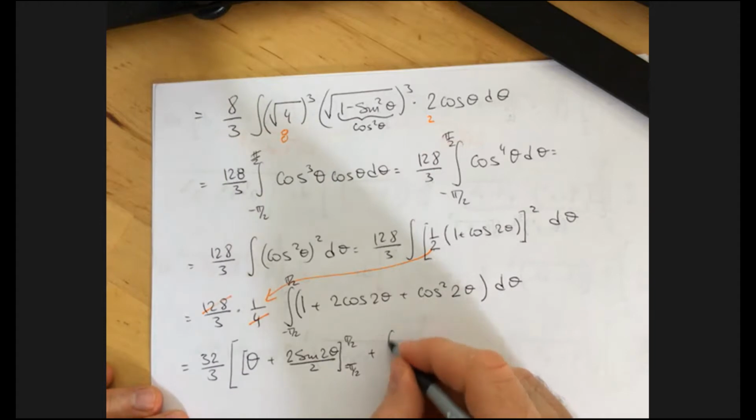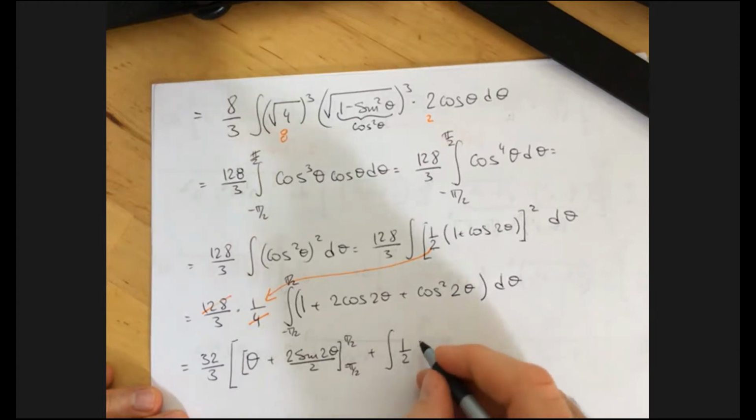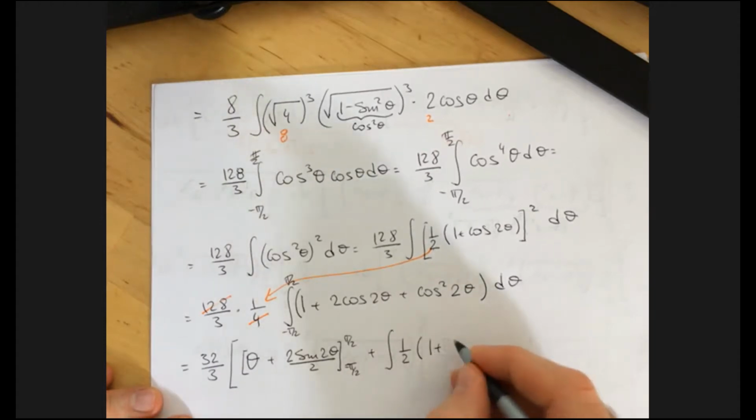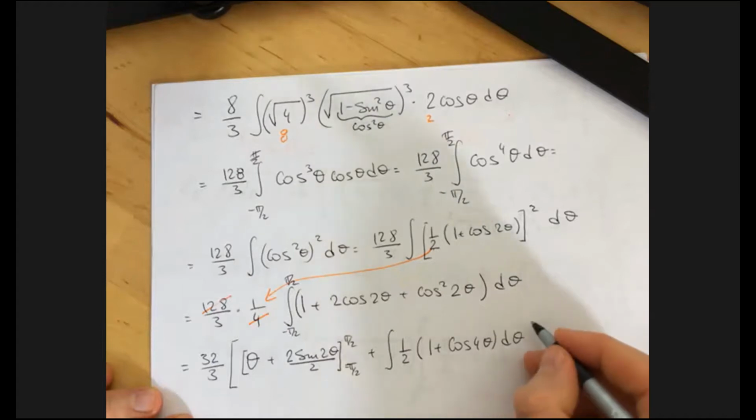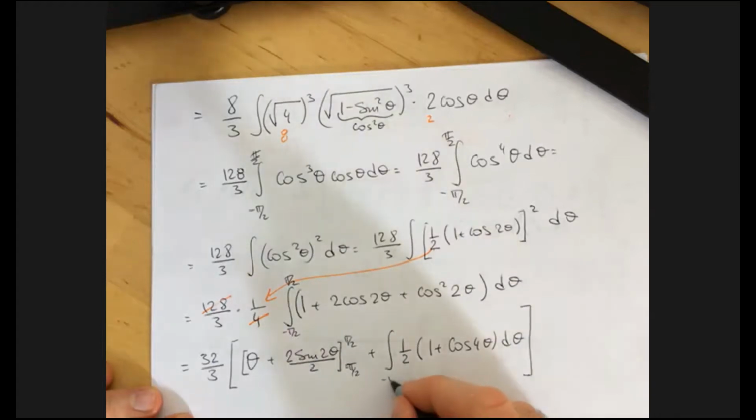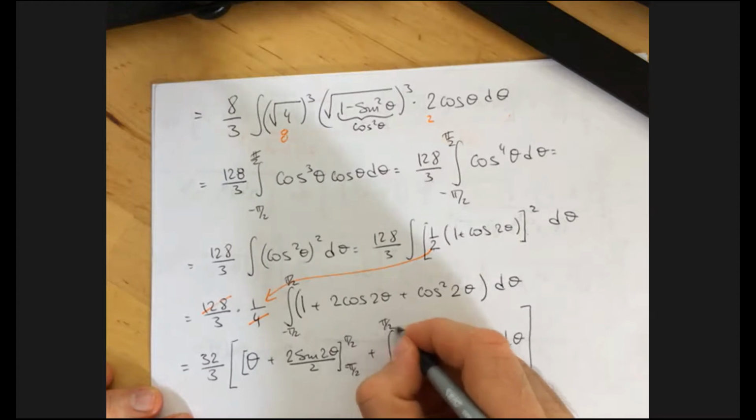But that integral again is going to be evaluated by the double angle formula, which is 1/2 times 1 plus cosine of double this angle, cosine of 4 theta d theta, evaluated from negative pi over 2 to pi over 2.